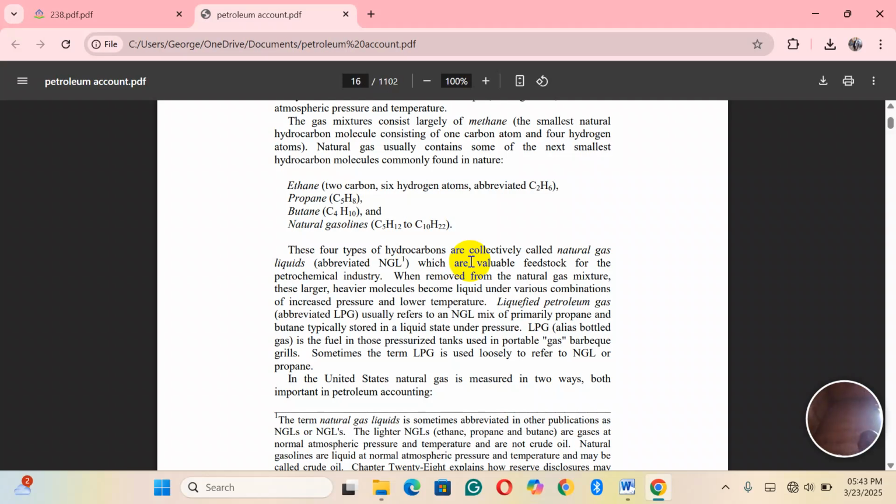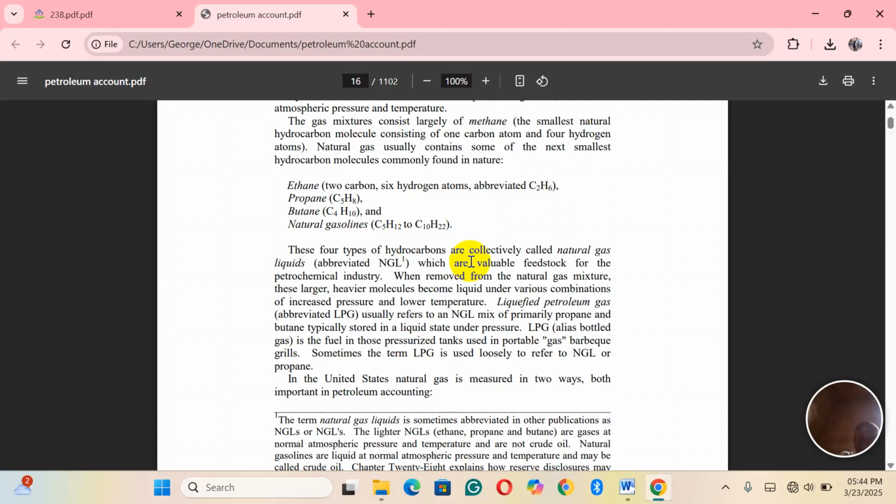LPG, also known as bottled gas, is the fuel in those pressurized tanks used in portable gas barbecue grills. Sometimes the term LPG is used loosely to refer to NGL or propane in the United States.